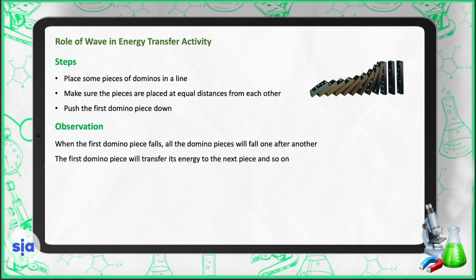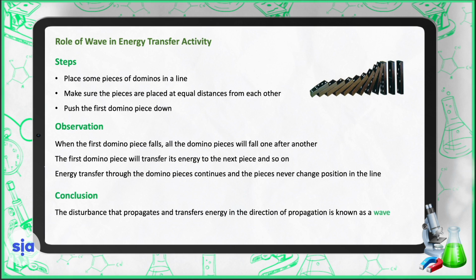The first domino piece will transfer its energy to the next piece, and so on. Energy transfer through the domino pieces continues, and the pieces never change position in the line. As a conclusion, the disturbance that propagates and transfers energy in the direction of propagation is known as a wave.